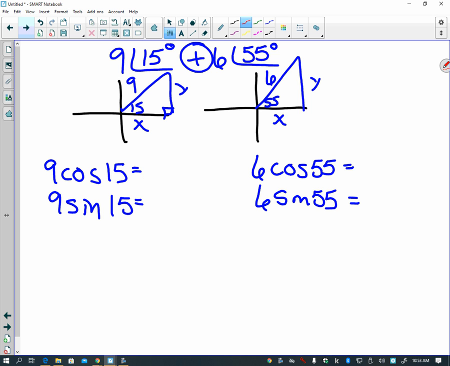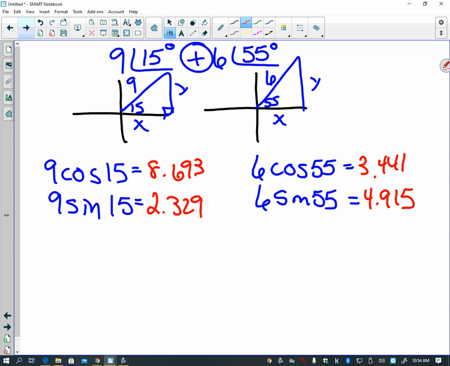9 cosine, that would be 8.693 and 2.329 here. 6 cosine 55 should be 3.441 and 4.915 here.